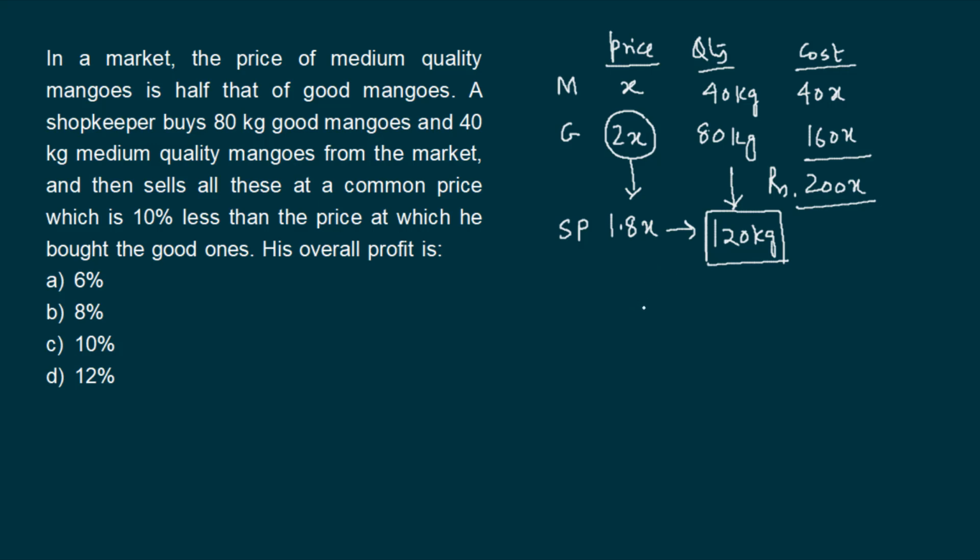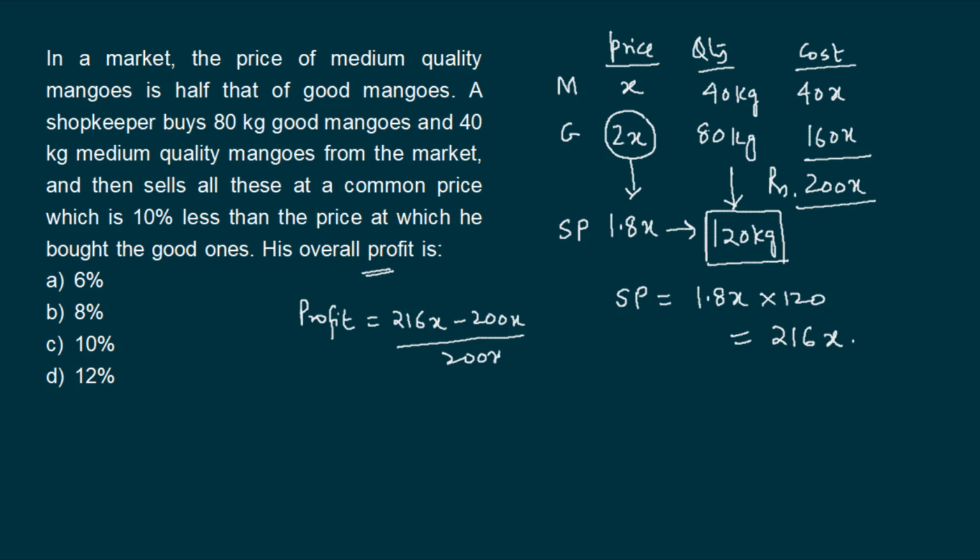So total selling price of 120 kg is 1.8x into 120. That will give us 216x. Find his overall profit. So obviously here he made a profit of 216x minus 200x by 200x cost price into 100. We'll get profit percentage, 16 by 2, that is 8%.